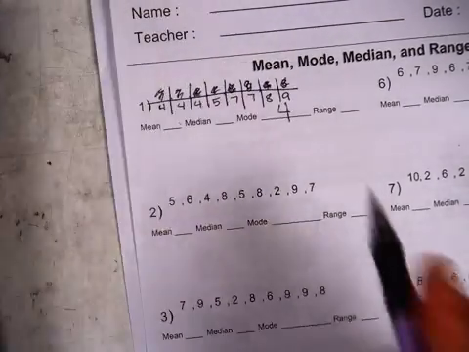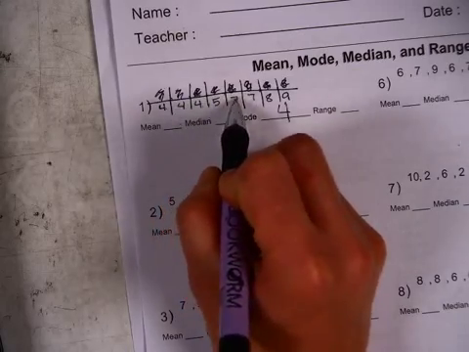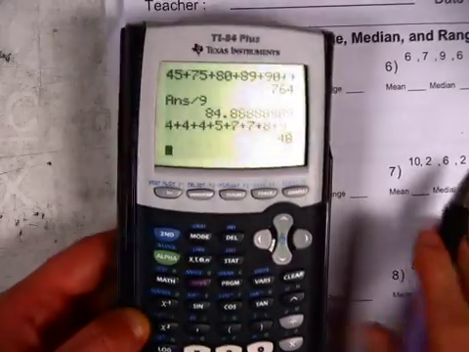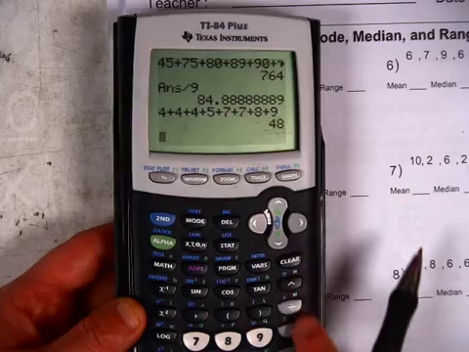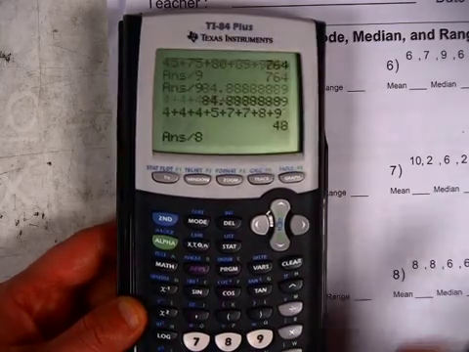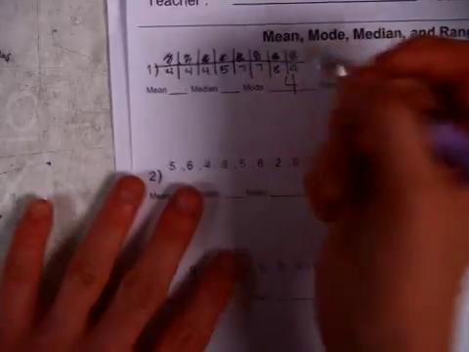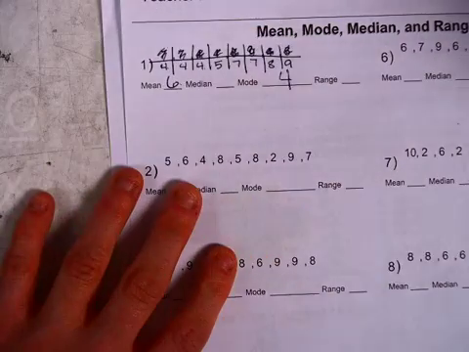You get 48. Now count 1, 2, 3, 4, 5, 6, 7, 8. So there's 8 of them. So you're going to have to divide by 8. And you get 6 is your mean.